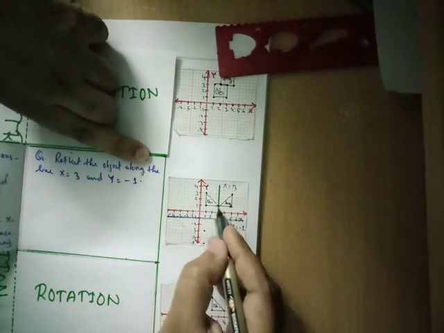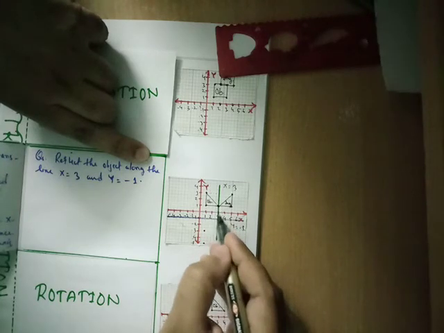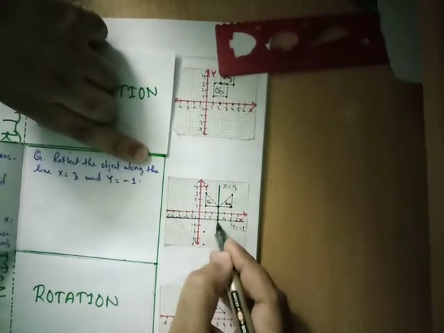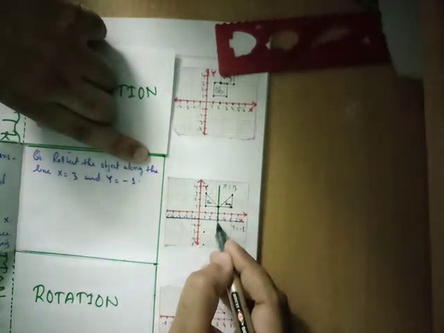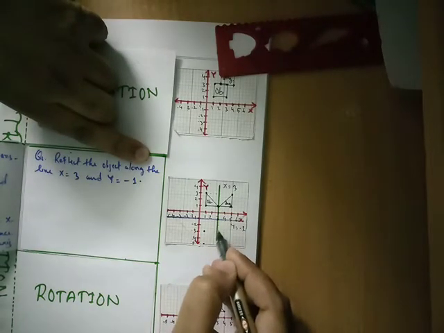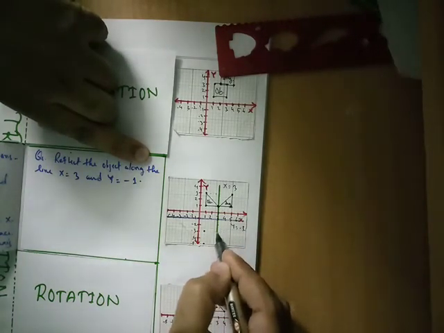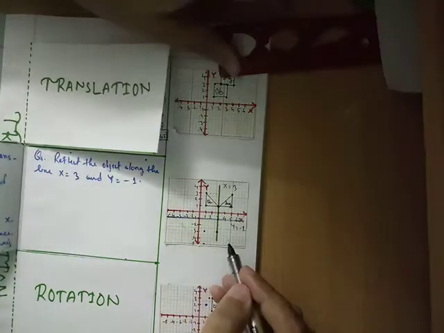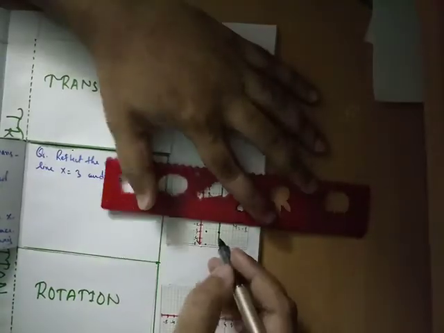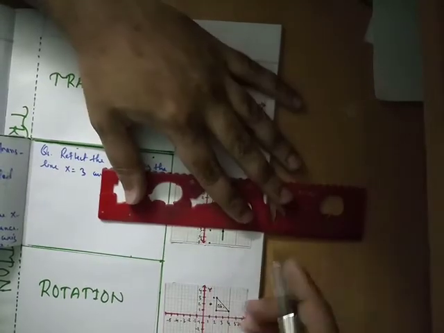Now this point here is 1, 2 places from the mirror line. So the image will also be 2 places down from the mirror line. So 1 and 2. So I have got my 3 points now. Just connect the points to make the triangle.